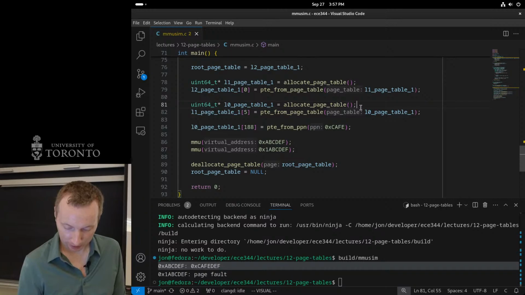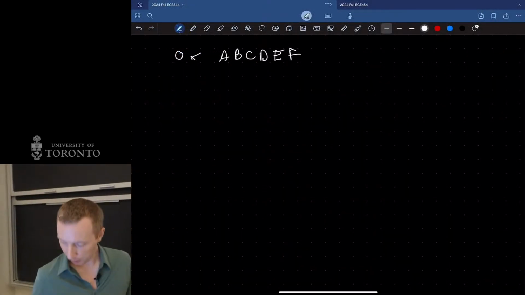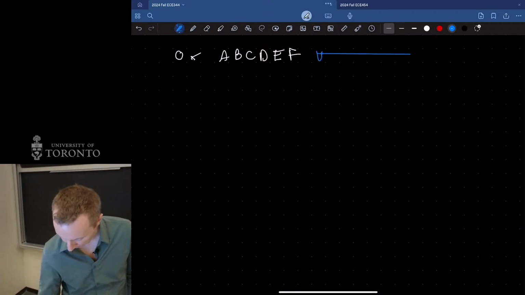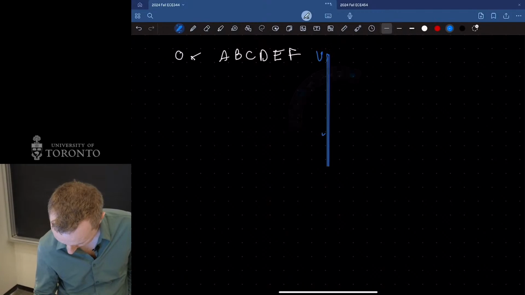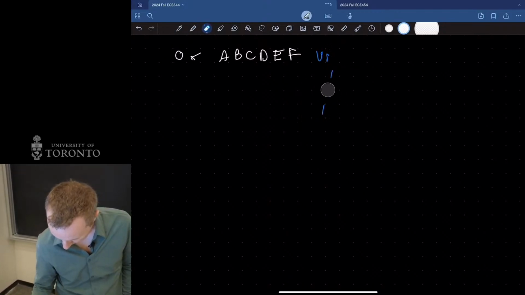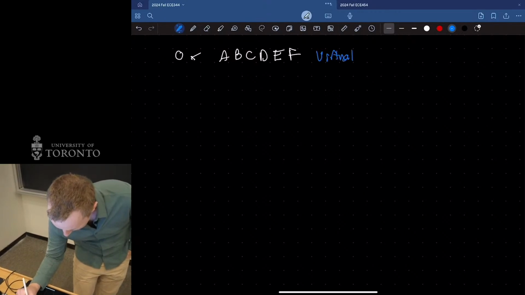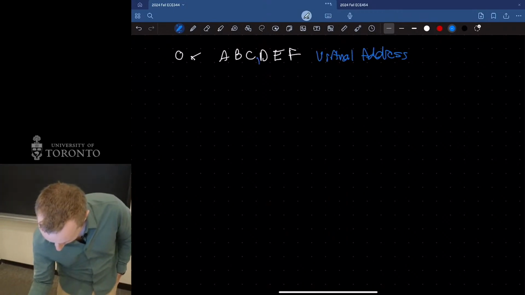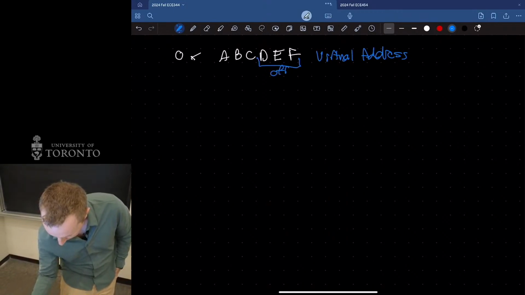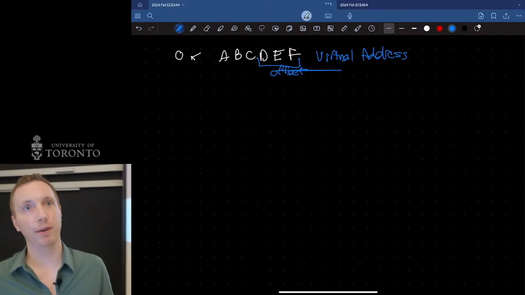Same thing is going to happen. If this is my virtual address, I still have to divide it out the same way. And if we run out of time, we'll play with it. If I have to figure out what indexes it will use, well, this is my offset. It won't change. And then I have 9 bits for each of the rest of them.